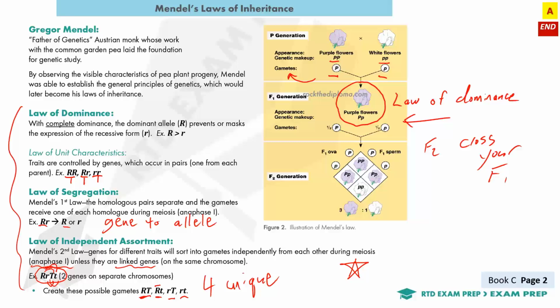So in F1, we had big P, little p, and we're going to cross it again with big P, little p, and that will form our F2. So here we can see big P, little p, big P, little p, and I see 1, 2, 3 purple, 1 white to give me a 3-to-1 phenotypic ratio.